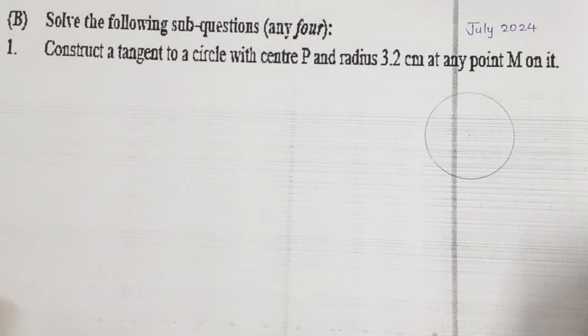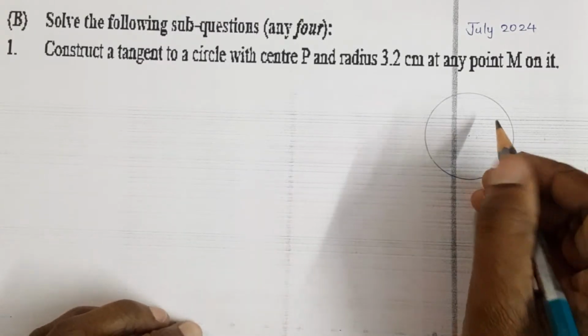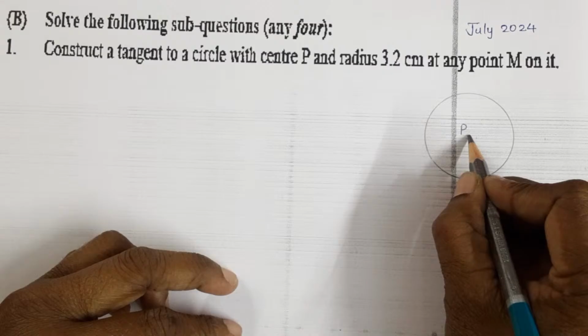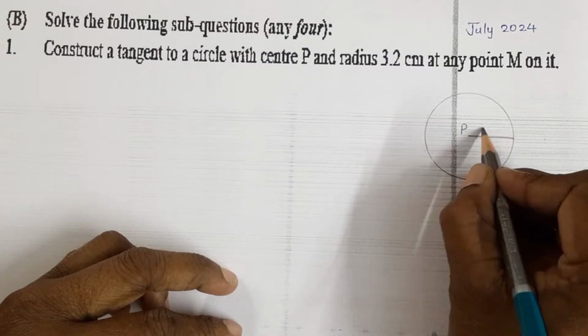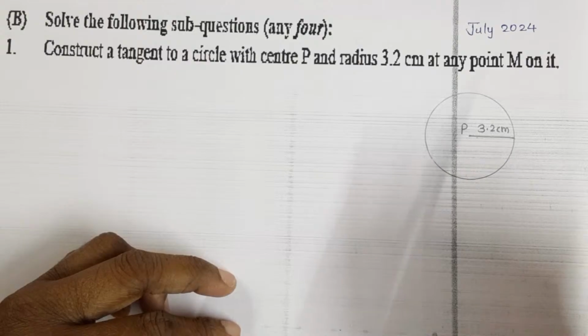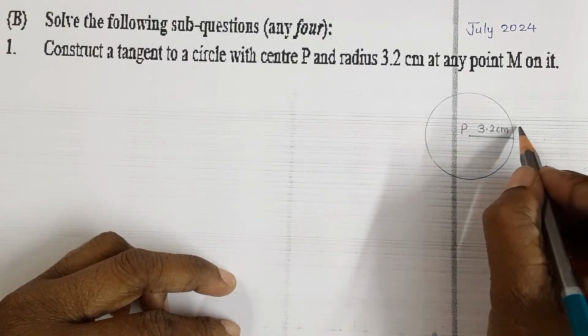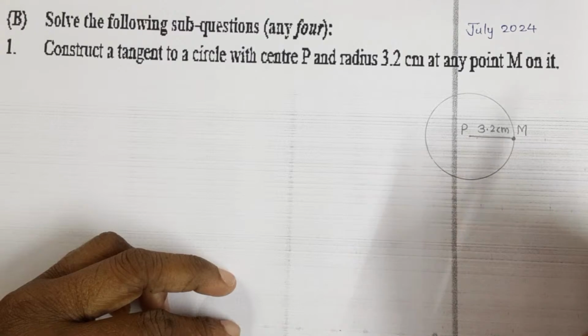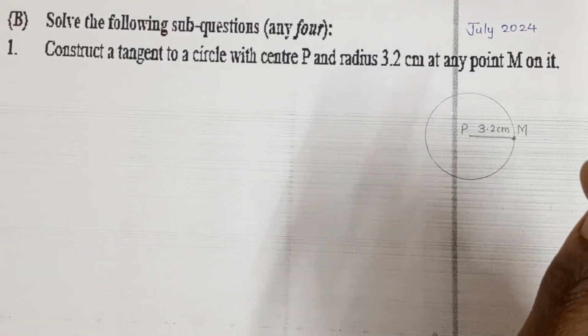Consider this is the circle with center P and radius 3.2 centimeter. Okay, and at any point M on it, suppose here M, PM or anyone.